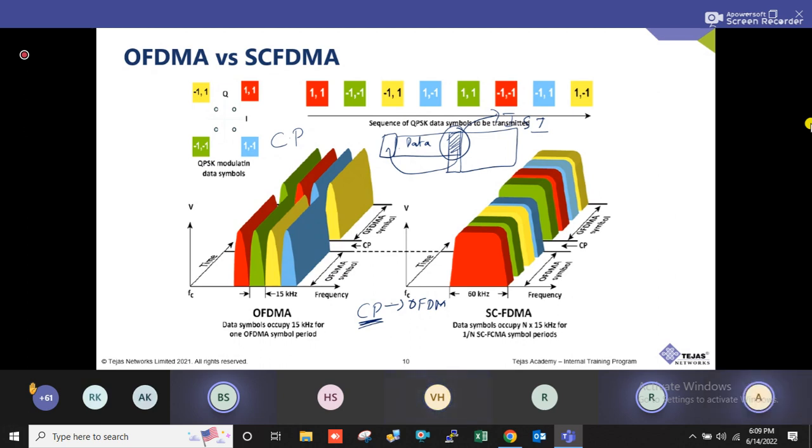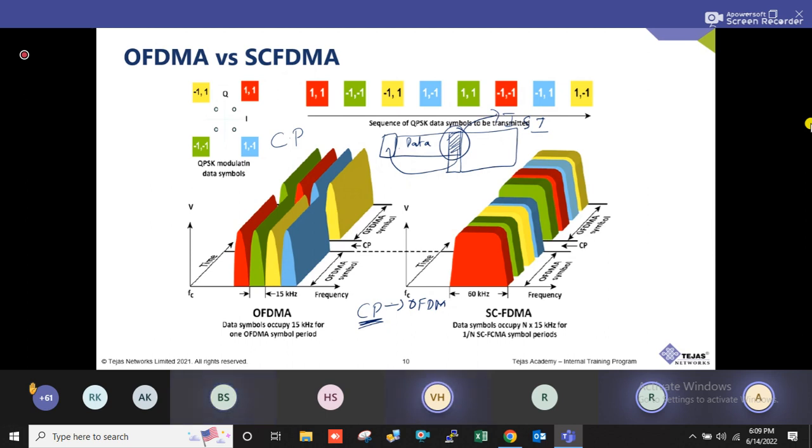Vignesh? Yes. This SC-FDMA seems to be quite similar to TDD only. Only the frequency for uplink and downlink is separate. Okay, see, basically we cannot compare it with TDD.